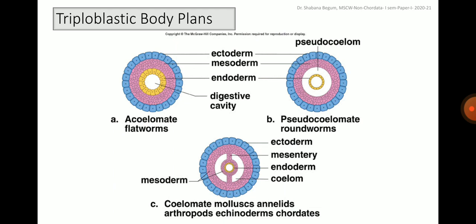Here again you can find in the section the outer ectoderm, middle layer of mesoderm and inner endoderm. Here you can see the schizocoelic development of the coelom. There is a split in the mesoderm layer to form the coelom or body cavity, which appears whitish in color.